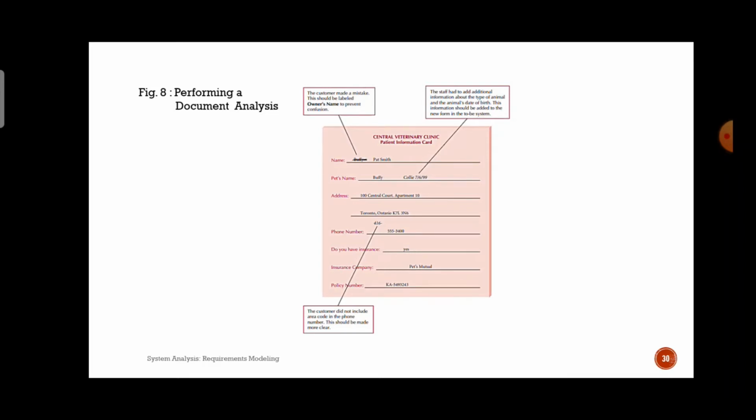And in the pet's name, the staff had to add additional information about the type of animal and the animal's date of birth. This information should be added to the new form in the to-be system. And the customer did not include the area code in the phone number. It should be made more clear.